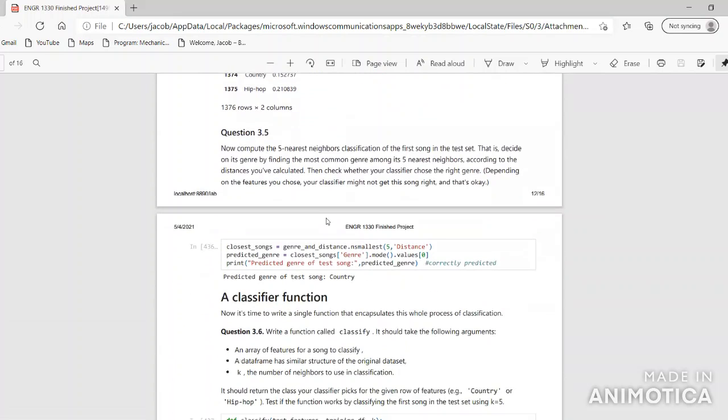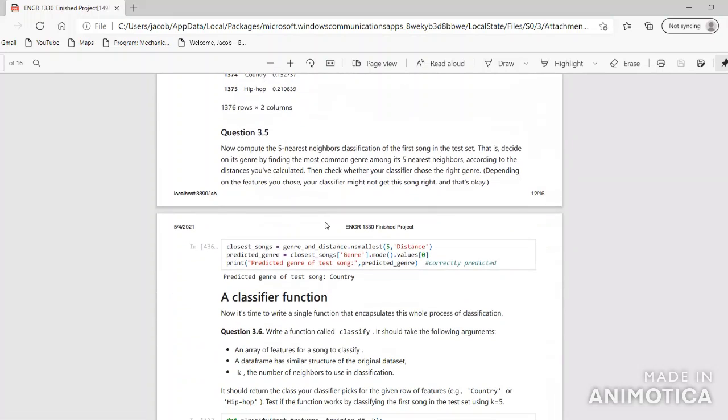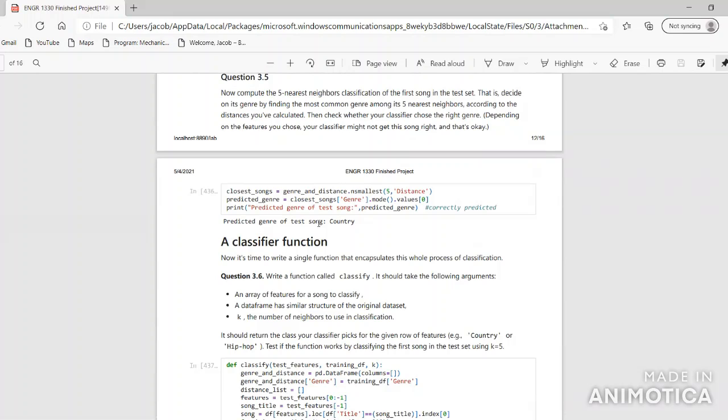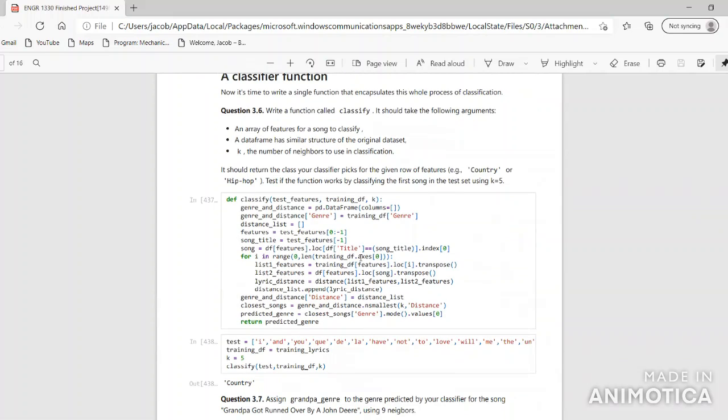Yes. So 3.4 goes into 3.5 and 3.6, where we had to create an algorithm to find the nearest neighbors. So 3.5 is used to find the genre of the 5 nearest neighbors of a close song. And 3.6 is the actual algorithm to find the genre of a test song using the 20 words that we decided to use.